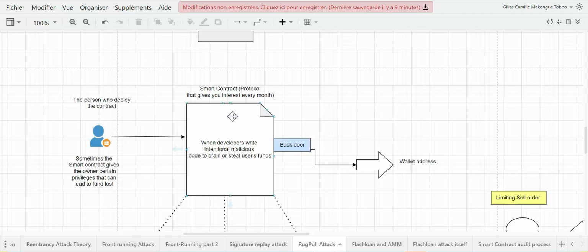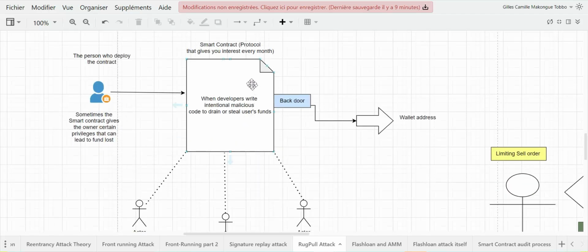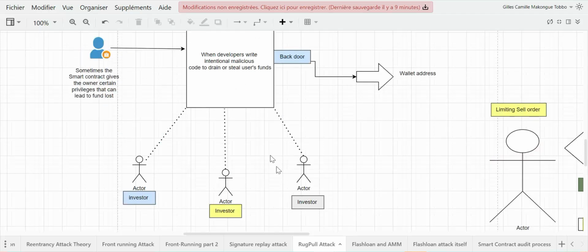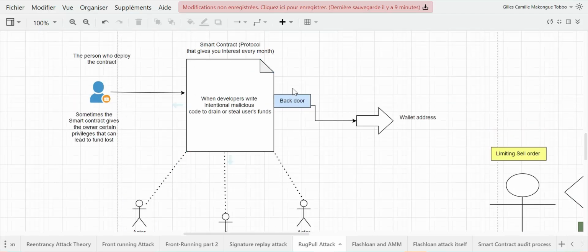So the owner can tell the developer to write a backdoor code so that we can remove the money those people invested in it and send it to another wallet, of the CEO, another wallet of the owner of this platform.